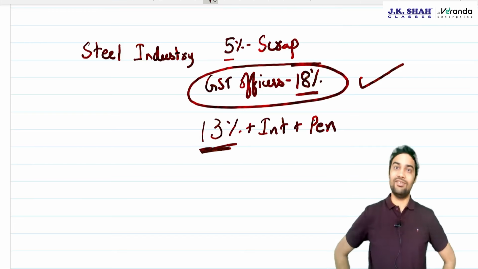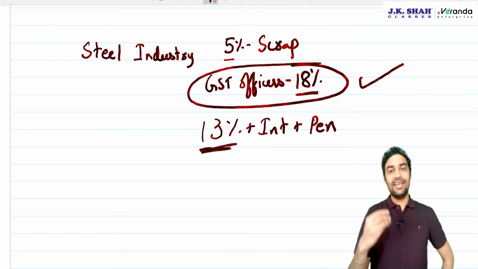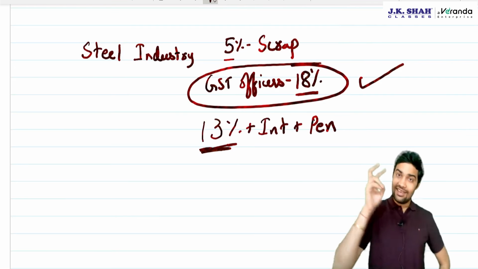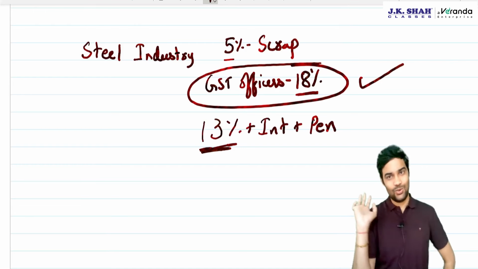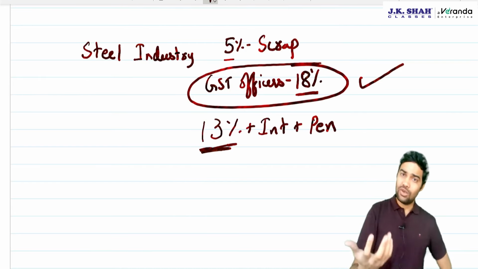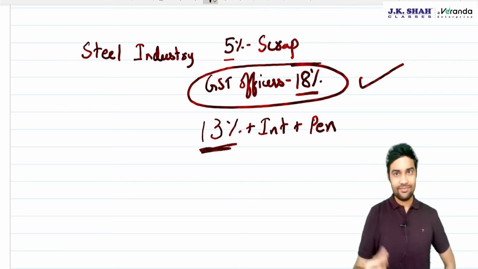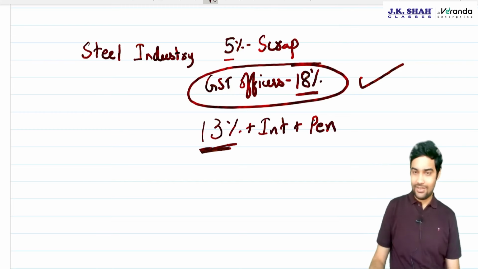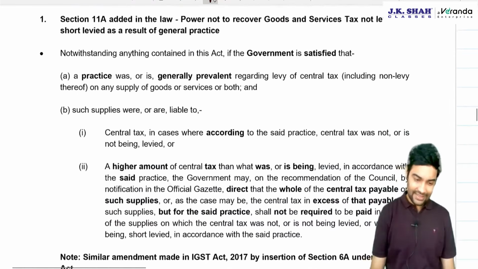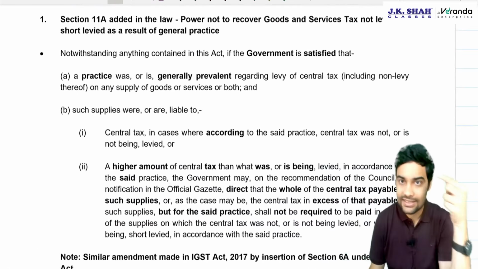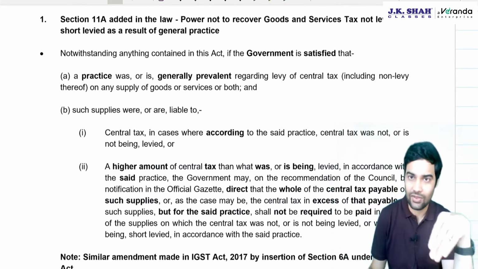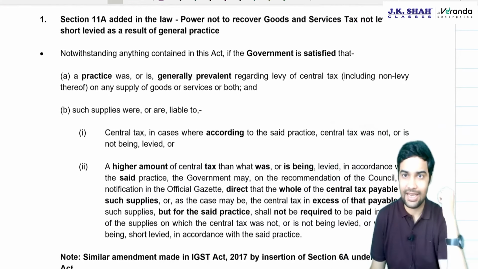It's a point which helps the industry in case something like this happens. Sir, has government notified anything in this? At present, only one power has been added, and you are going to learn that now. Let's have a look at section 11A. Section 11 provides for normal exemption. 11A provides for special exemption.